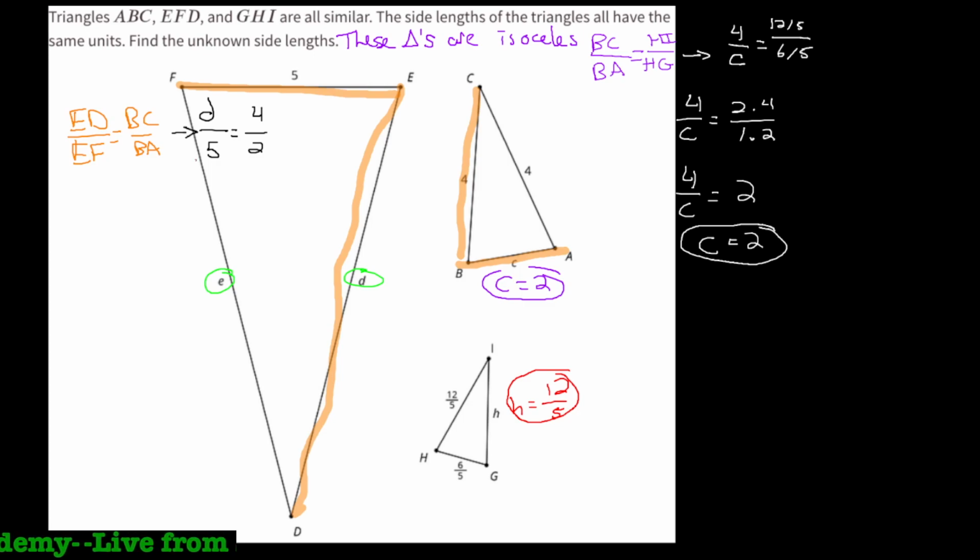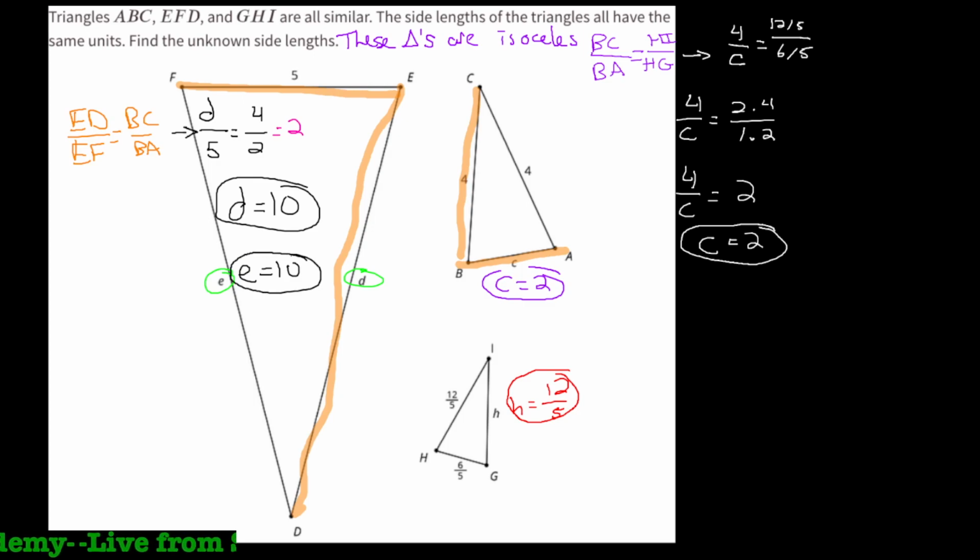What number divided by 5 is the same thing as 2? Well, we would say D equals 10. And since we know that this is an isosceles triangle, I know that also E equals 10.